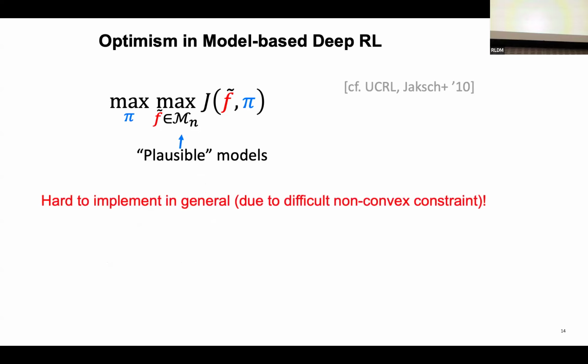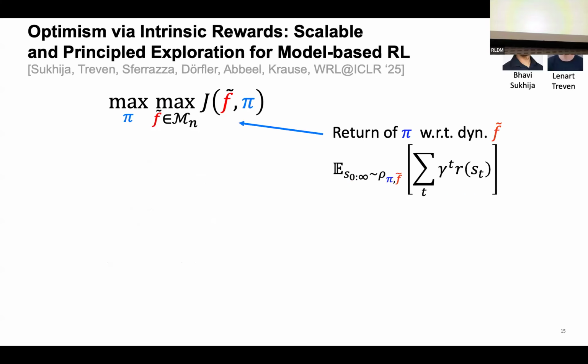The key issue is that while that optimization problem can be exactly solved in, say, a tabular setting, or in simple environments, if we have complex dynamics models, say with neural network function approximation, this is a very complicated non-convex problem. It's very hard to solve. And so that is where a simple trick will help make real progress.